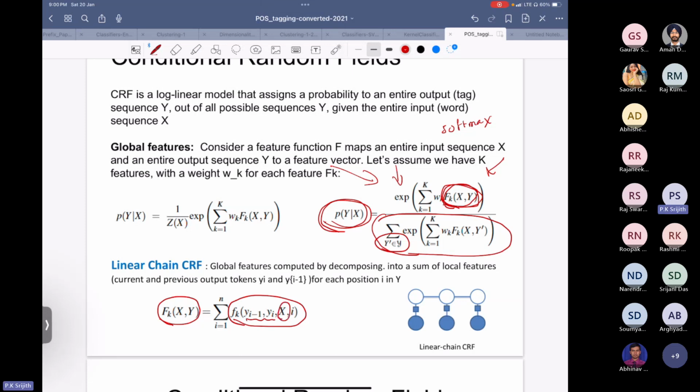The features are of this nature, where you form features based upon all these consecutive pairs of labels.